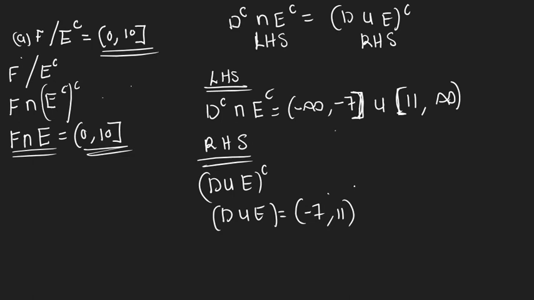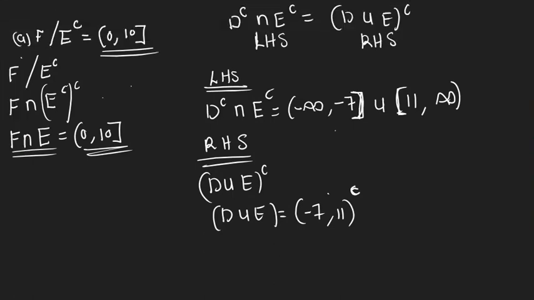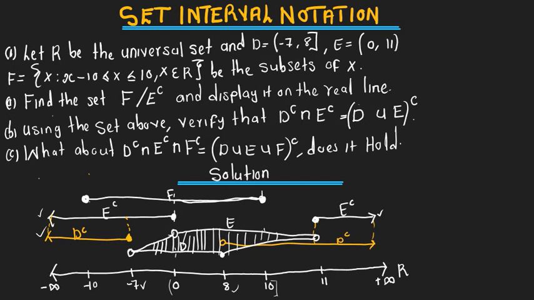Then we find the complement of this. So I'm going to use the blue pen. I'm going to write a cross circle here all the way to positive infinity, and this is going to be my D union E complement.